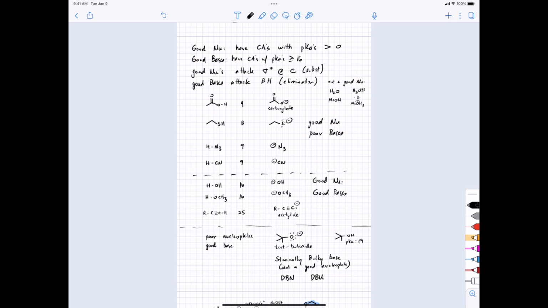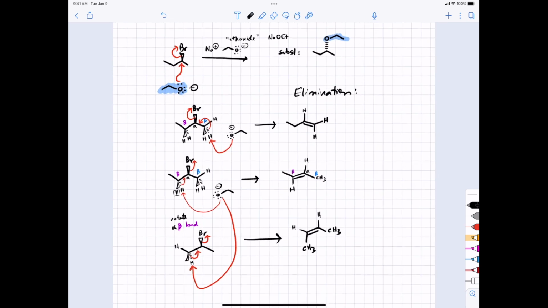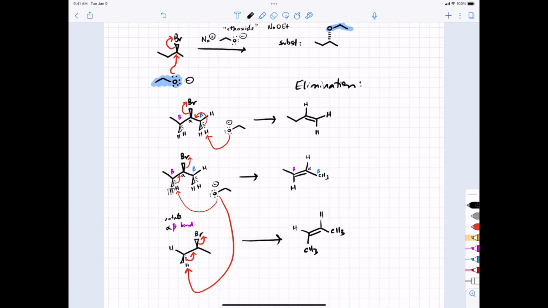I think I'm missing something. Can you explain why that alpha carbon is a stereoisomer on that third one? Because I thought if you had a pi bond, it couldn't be a stereoisomer. This is a stereochemical definition.